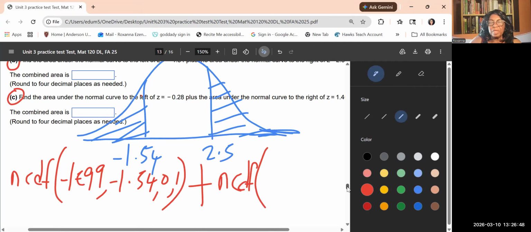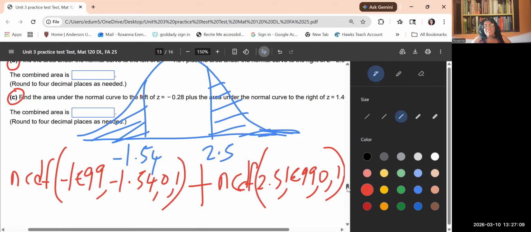For the right side, the lower bound is 2.5, the upper bound is 1e99 for positive infinity, the mean is 0, standard deviation is 1. Then I calculate both of them and add them together. All right, so I can get my calculator and do that.